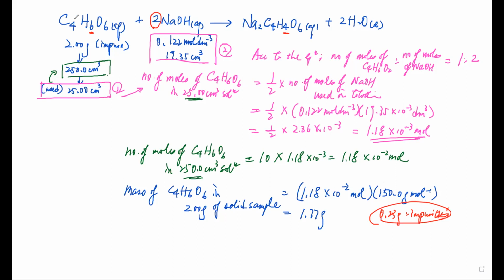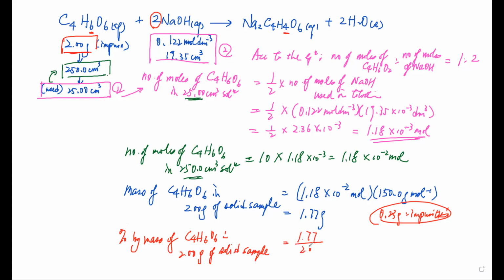So if you want to calculate that against 2 gram of it, you may get the percentage. The percentage by mass of C4H6O6 in 2.00 gram of the soil sample is then calculated as 1.77 over 2.00 times 100%.